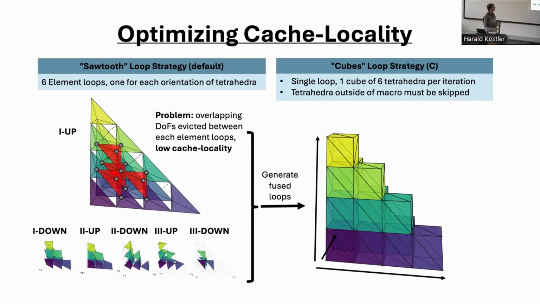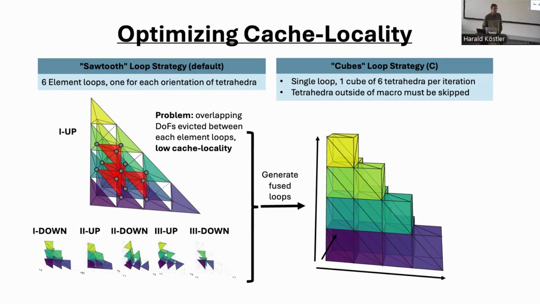Therefore, we were able to reduce the amount of memory that has to be transferred, because if you do it like that, then at the corners or at the interfaces, you have to load some of the data more than once. There's a tipping point with loop fusion.